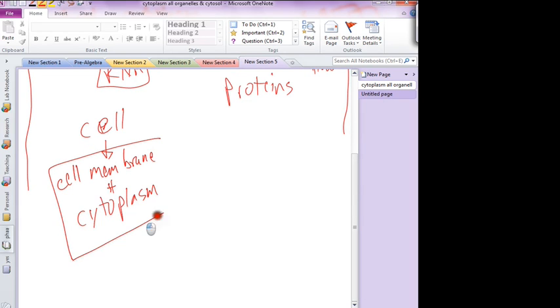Now, cytoplasm contains two things as well. Cytoplasm is made out of cytosol and organelles. So the cell contains cytosol and organelles, but it also contains cytoplasm because that's what cytosol and organelles put together are. And if you take the cytoplasm and you surround it with a cell membrane, then we have a cell. Yes, Nathan.